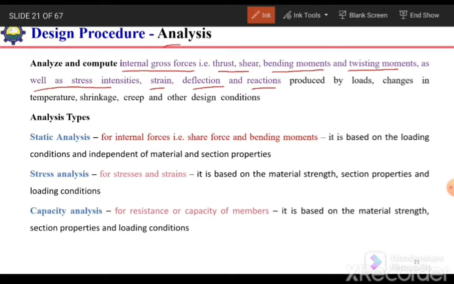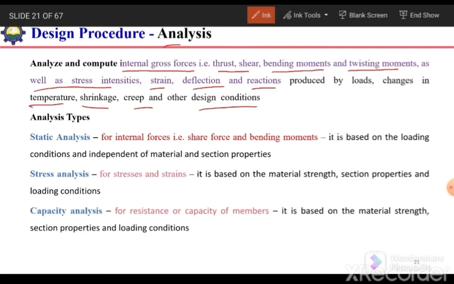So based on the applied load, or due to the applied load, we need to calculate the internal gross forces, as well as the internal gross forces because of temperature, changes in temperature, shrinkage, creep, and other design conditions. So we need to calculate the internal gross forces as well as the internal stress, strain, and deflection produced because of applied loads, changes in temperature, shrinkage and creep, and other design conditions.